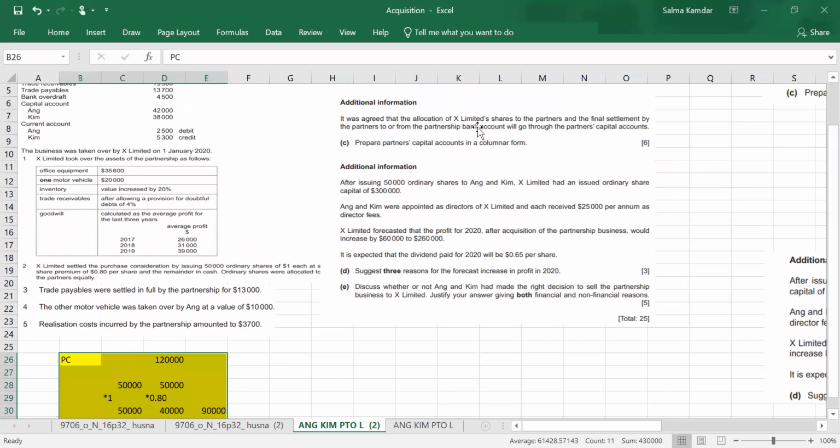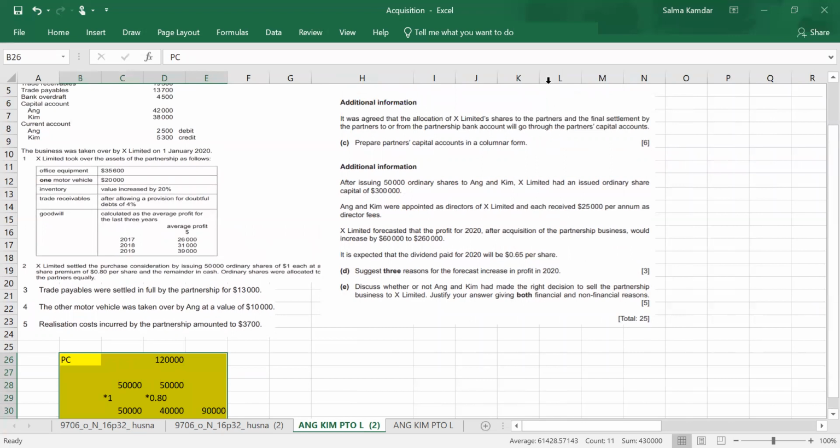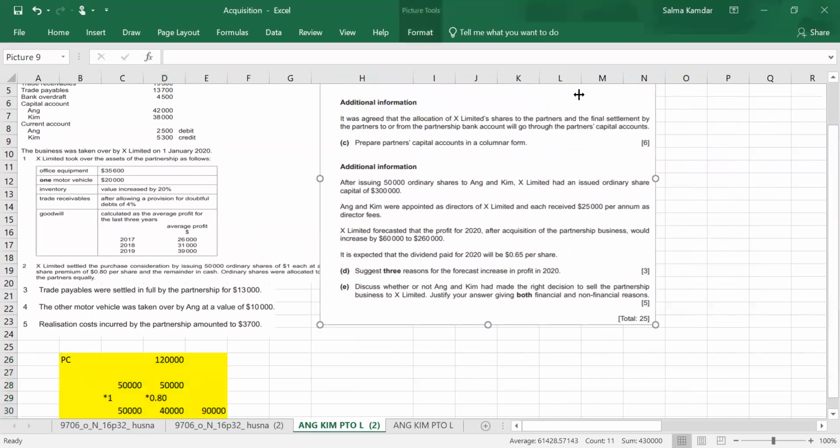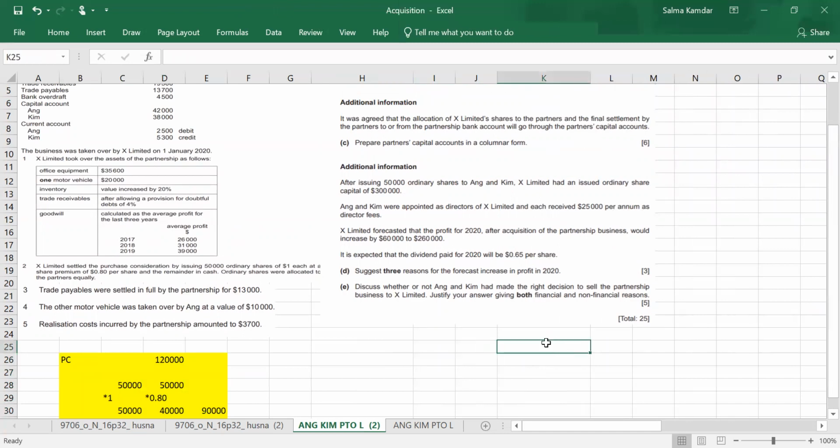Now they have asked to prepare partners' capital account in columnar form. So what is the format? I will write the balances of the capital and the current account in the partners' capital account, Ang and Kim.